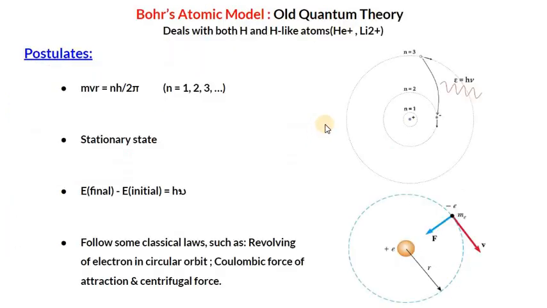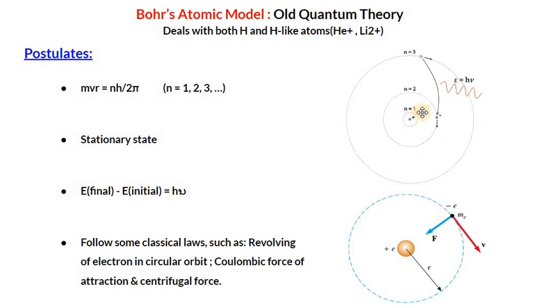But Bohr said no. When it revolves around the nucleus, it doesn't release any energy. It releases energy when it jumps from one higher energy orbit to a lower energy orbit. Remember this: as the distance from the nucleus increases, the energy of the orbit also increases.